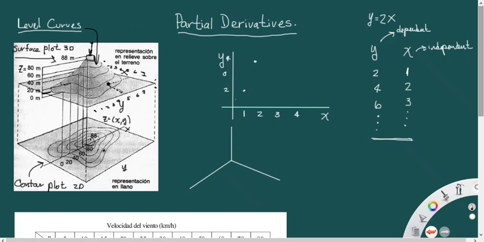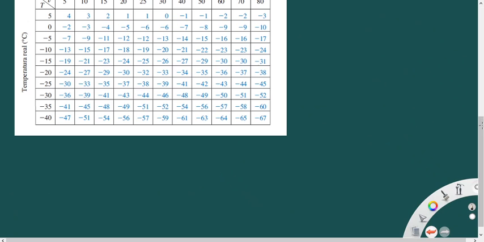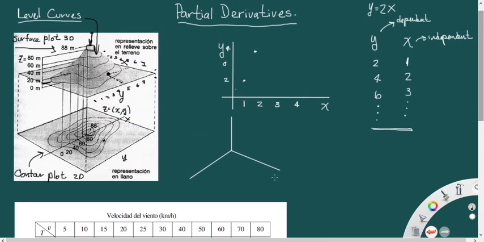Now if we move on from coordinates and the usage of some kind of maps, we can use the same concept to work with functions. So you have here, this is x, and this is y, and this is z.